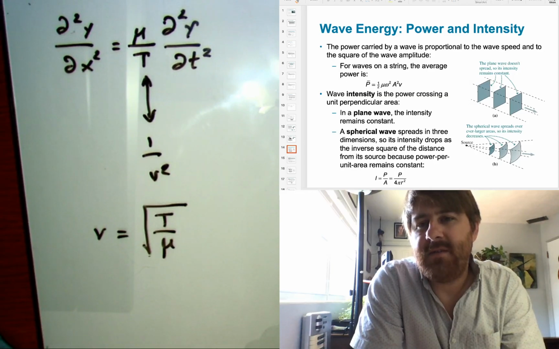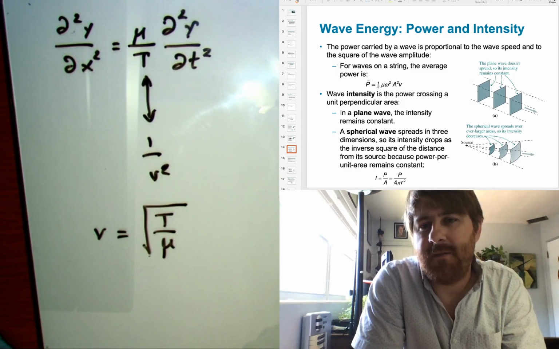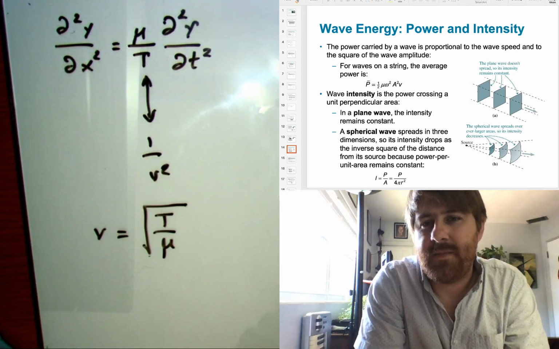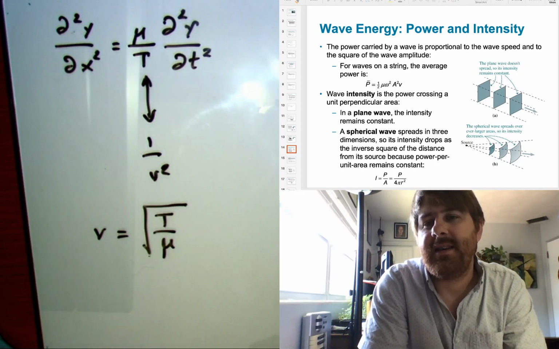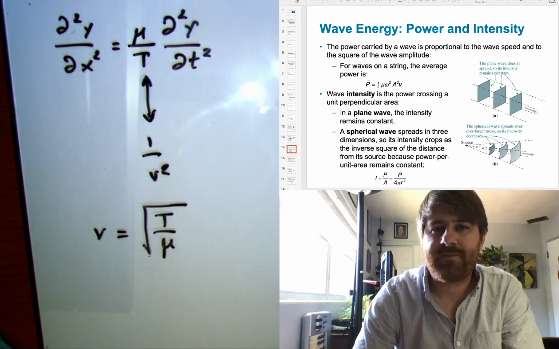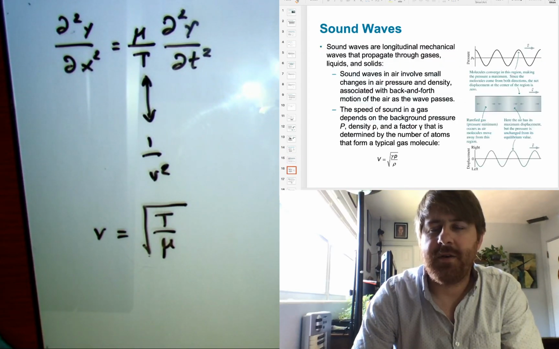But if the wave spreads over a bigger cross-sectional area, the intensity has to go down as we get further away from the source, because the same amount of energy per unit time is spread out over a larger spherical surface area. The surface area of a sphere is 4 pi r squared, so the intensity decreases with the square of your distance from the source. I'll let you go through these.